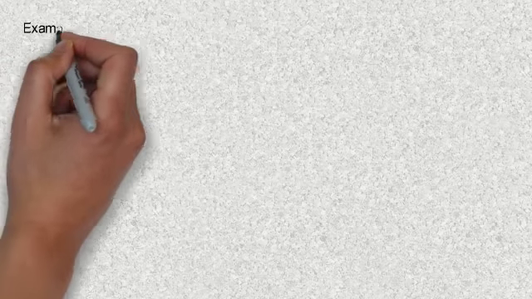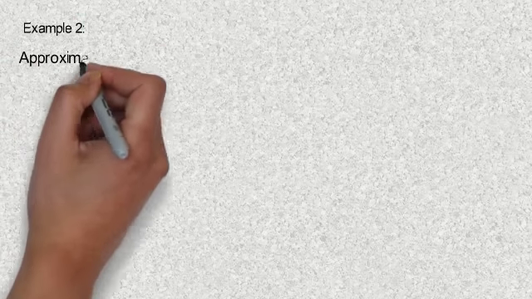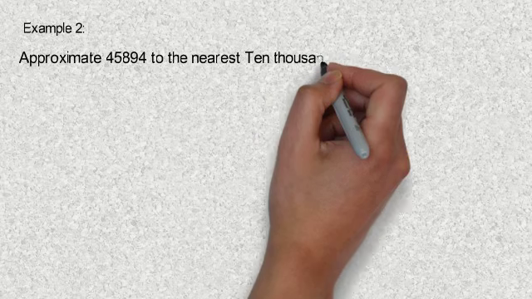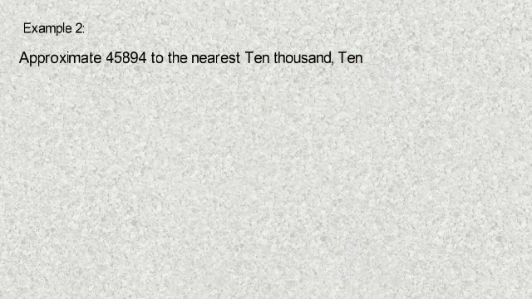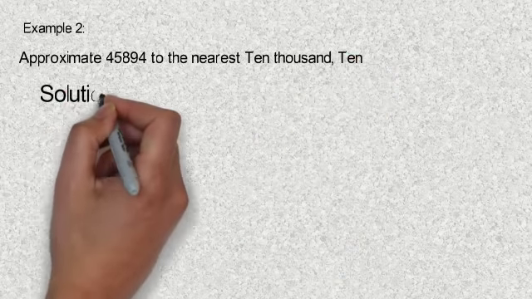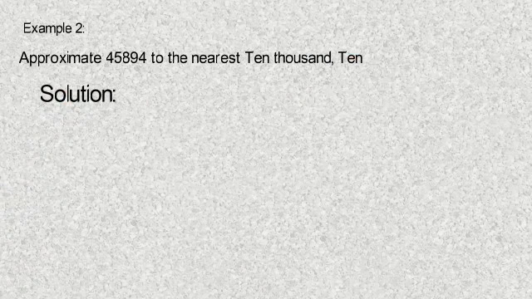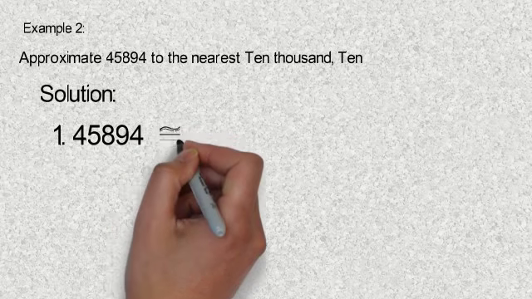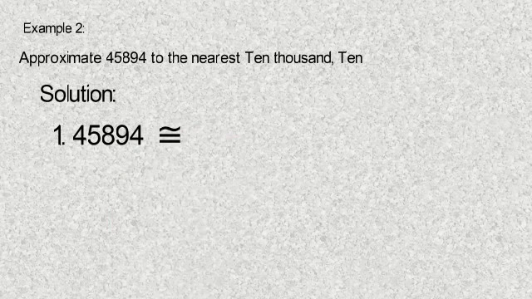So let's solve another example. Example 2 says approximate 45894 to the nearest 10,000 and to the nearest 10. How do we do this? We check which of the digits of the number falls to the nearest 10,000.